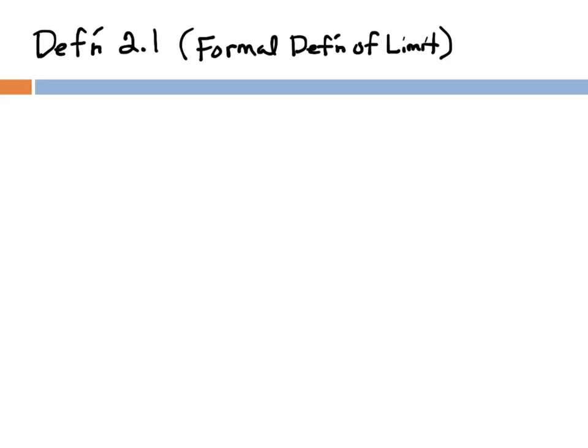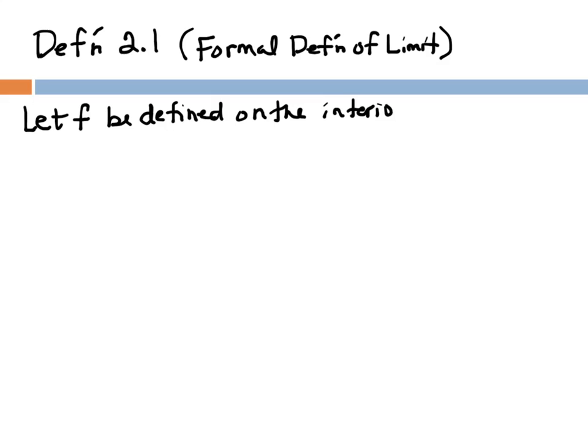All right, so we're going to three-dimensionalize, if you will, the definition of limit you saw before in Calc 1. So let f be defined, and the defined part is going to be a little different. This is going to be defined on the interior of a circle centered at a, b.